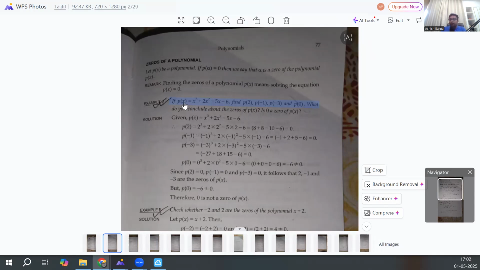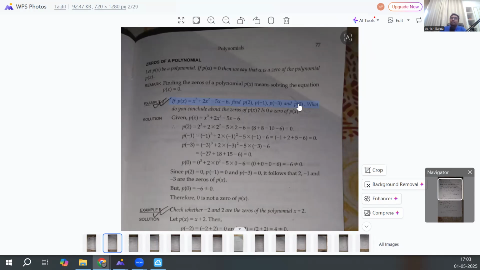Now, depending on the different values of x, if we insert the value 2 in x, then p(x) will become p(2). If we insert the value -1 in x, then it will be denoted by p(-1), and so on. If we put the value of x as -3, then it will be denoted by p(-3).